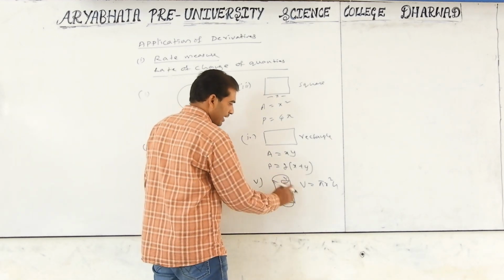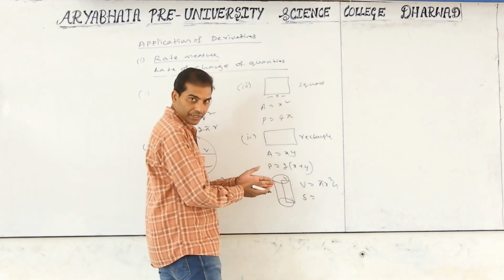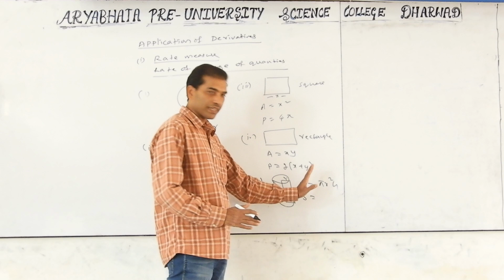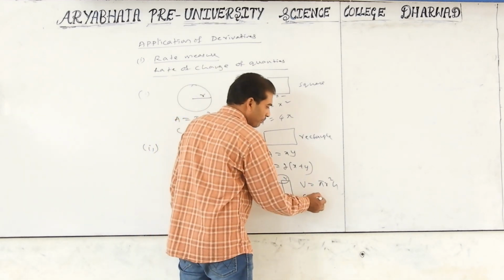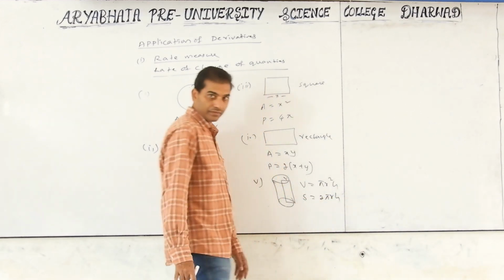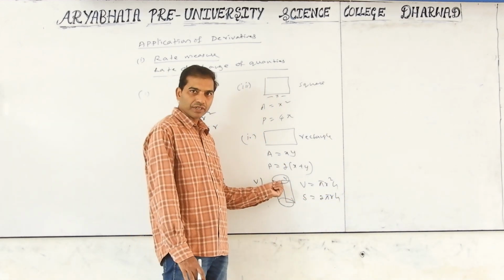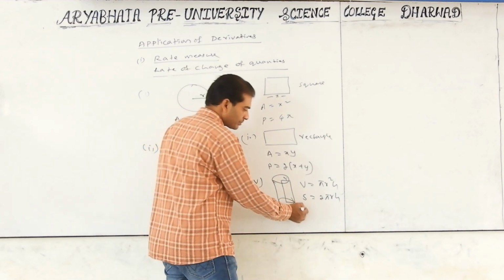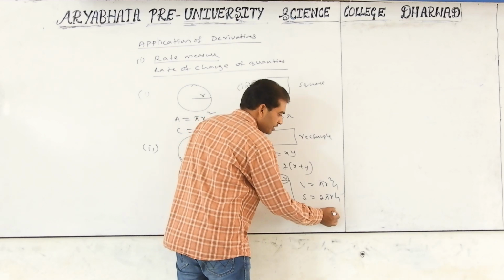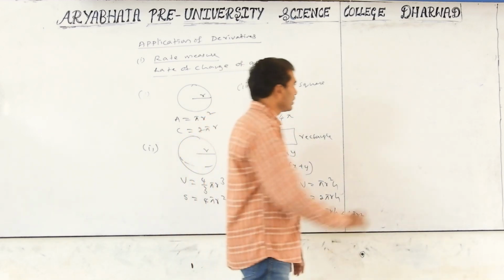And surface area of cylinder is only this curved surface area, not the total surface area. Curved surface area is 2 pi r h. Total surface area means here down pi r square, up pi r square. So 2 pi r square we should add. That is total surface area: 2 pi r h plus 2 pi r square.